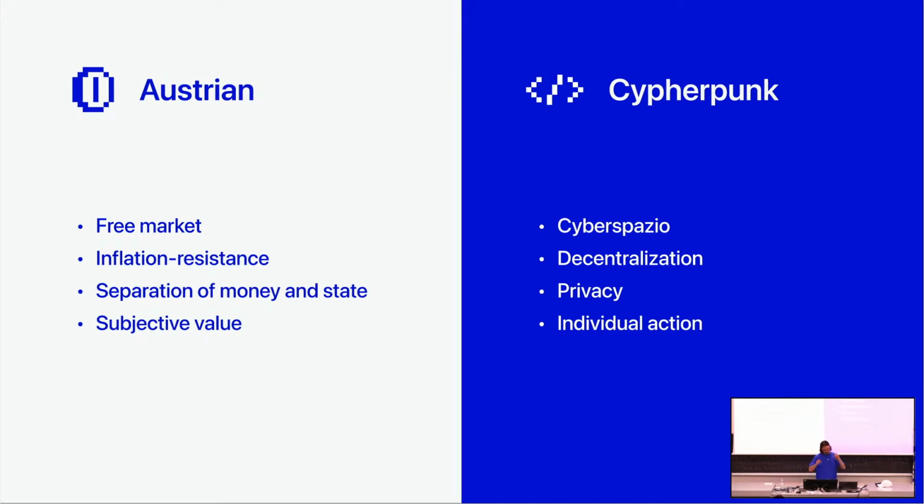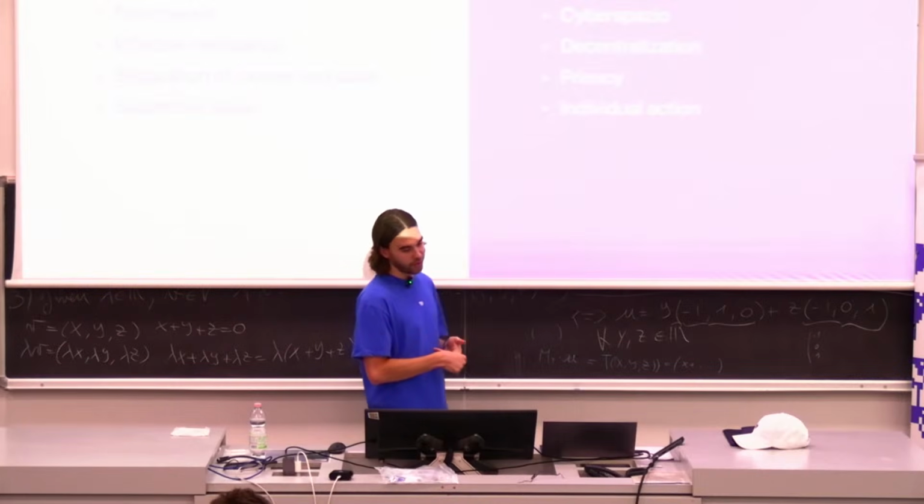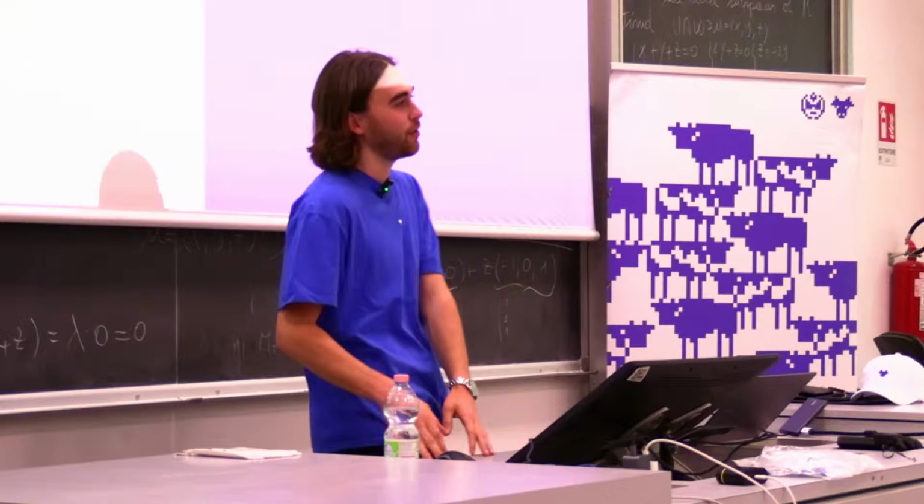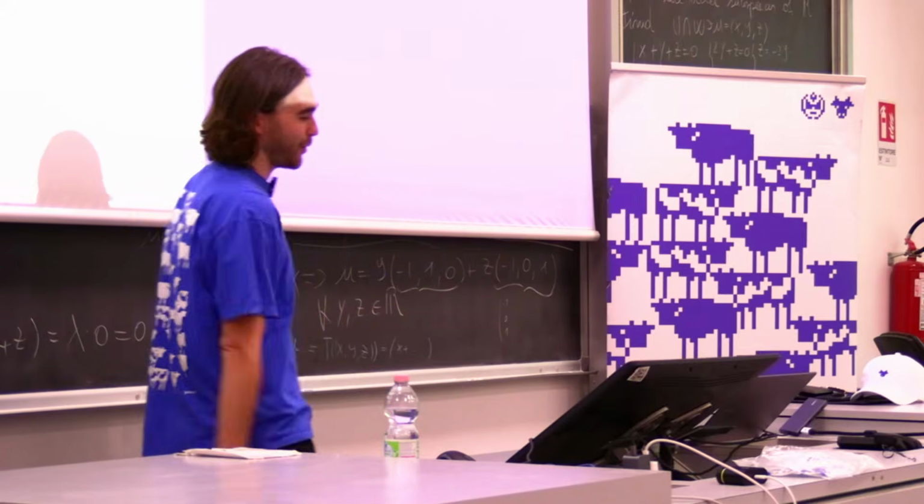And these are the main pillars. So free market, and they are very much against inflation and debasement of money. There is this super famous book, The Denationalization of Money by Hayek, which is the third point.